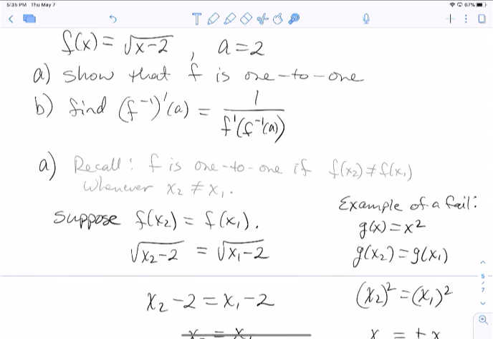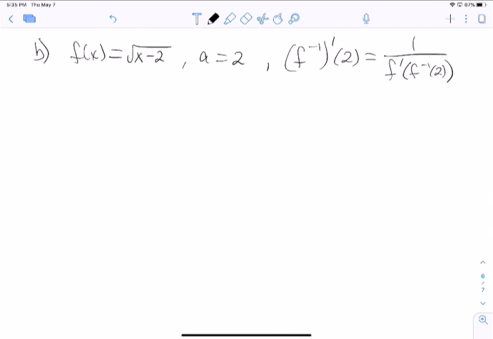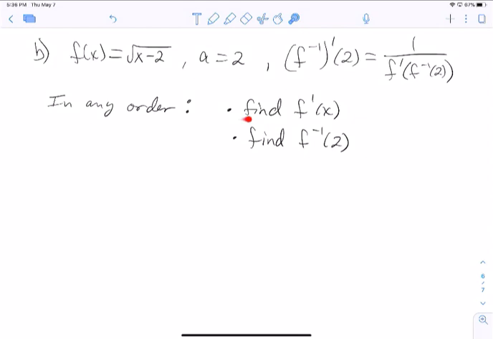Now, in order to use this formula, we need two things. We need the derivative f prime, and we need f inverse of a, in this case f inverse of 2. I've gathered together what we need. So let me rephrase. In either order, find f prime of x and find f inverse of 2.